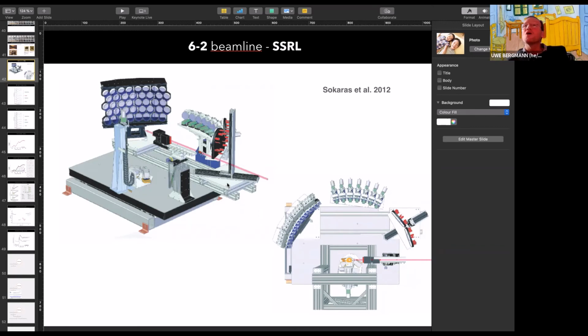You can use it in a more high resolution spectroscopy mode, where you don't care so much about the spatial resolution, but only about spectral resolution. Or then you can move to this more high resolution spatial imaging mode. So I think that's my take on where the field has been going now with all these new super bright synchrotrons coming up.